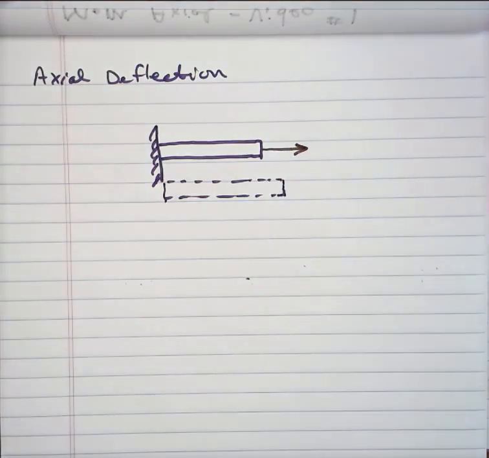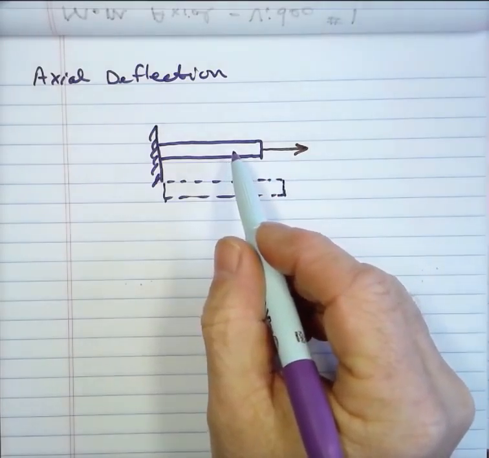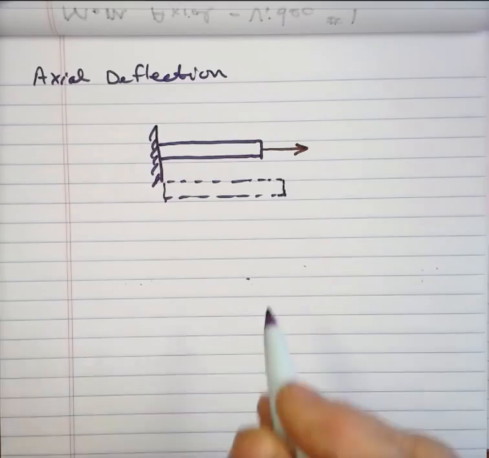In fact, due to conservation of mass, it not only gets longer, but to keep its same mass, it's going to have to get skinnier. But for now, let's just deal with the longer.